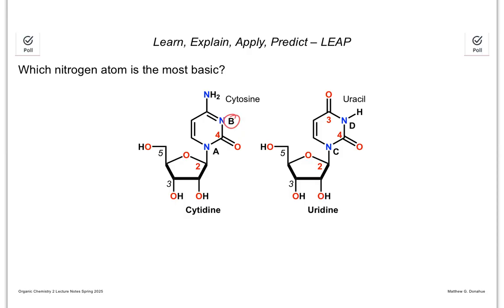So B. So when we look at A, C, and D, all of the nitrogen atoms are sp2 hybridized. For A, C, and D, the lone pair resides in a p orbital. And that lone pair is then delocalized into the carbonyl through resonance. But for B, notice that it already has a double bond. So its p orbital is already tied up. So the lone pair is in an sp2 hybrid orbital. So that's the nitrogen atom that's going to hydrogen bond. So that'll be the acceptor.